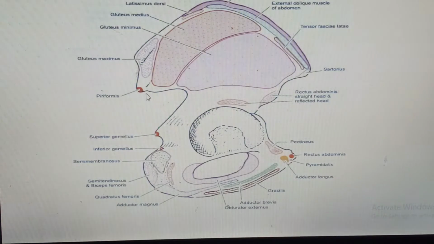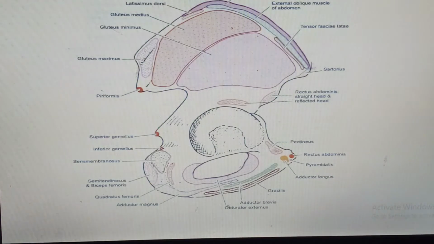Of course, we know that the piriformis will be originating from the sacrum, but some of the fibers will originate at the rear aspect of the ilium of the pelvis actually.